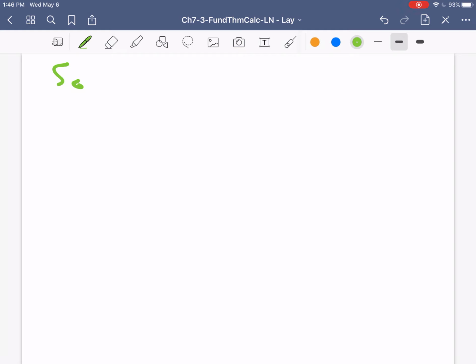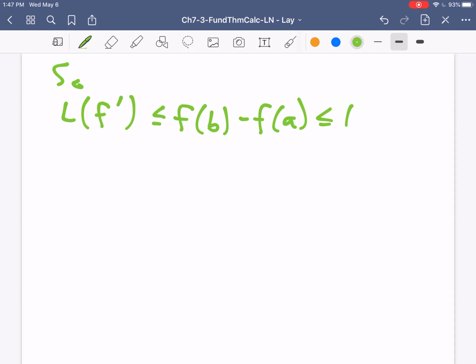So, since this is true for each partition, the lower integral of f prime is less than or equal to f of b minus f of a, which is less than or equal to the upper integral of f prime.